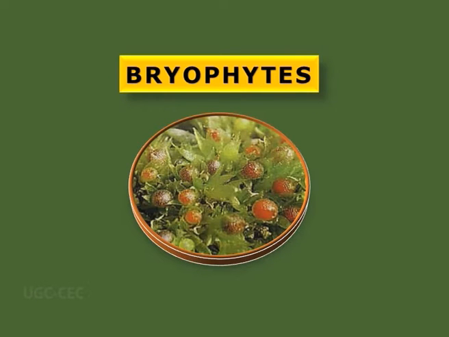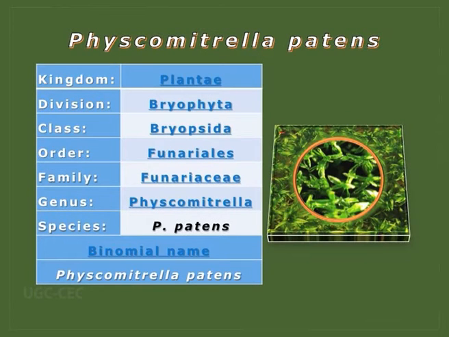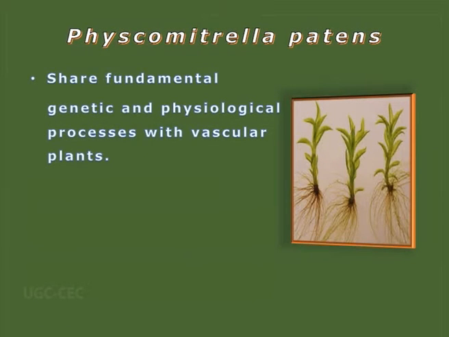The second group is Bryophytes, and the first member of this community that we are going to discuss is Physcomitrella patens, and it belongs to the family Funariaceae and genus Physcomitrella. The important properties are: it shares fundamental genetic and physiological processes with vascular plants, and it helps us in the study of evolution.